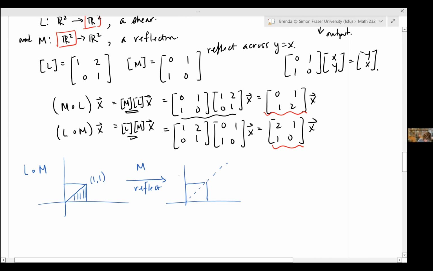So I imagine taking all vectors in this box and reflecting them across the line. I'll end up with this here. Okay, the ones that are down here end up here. They're reflected across the line. This is still the point 1, 1. And then I perform L, which is a shear.